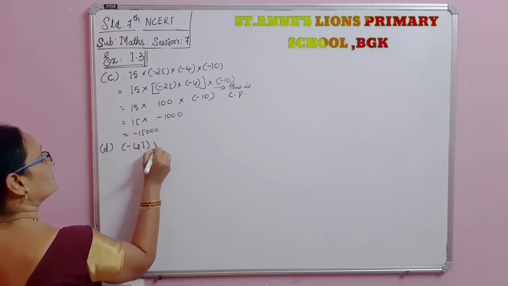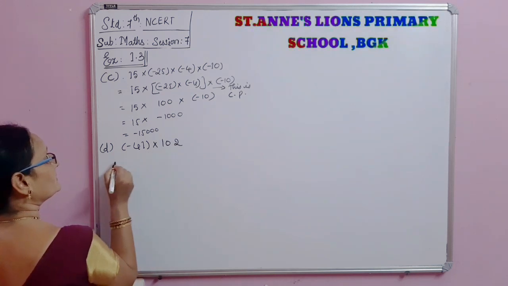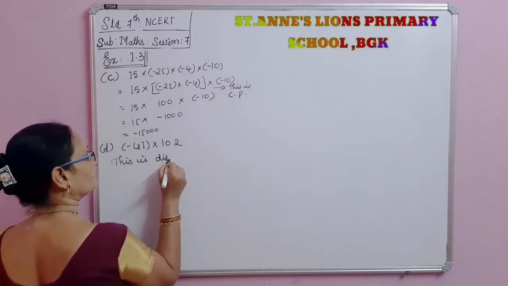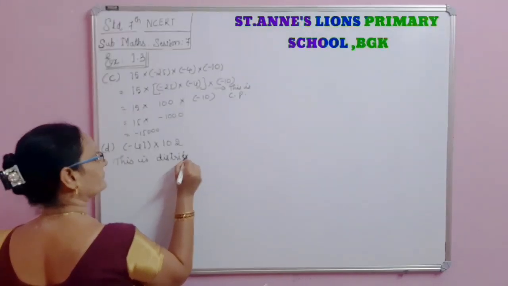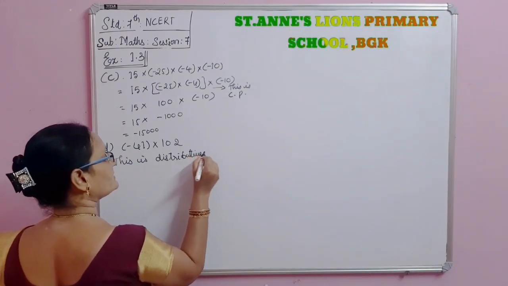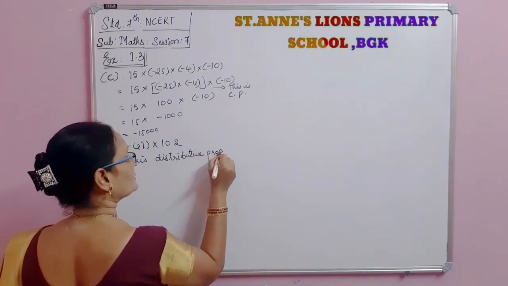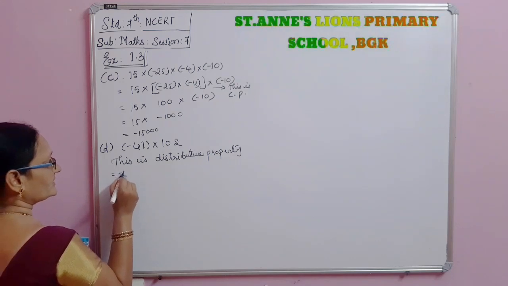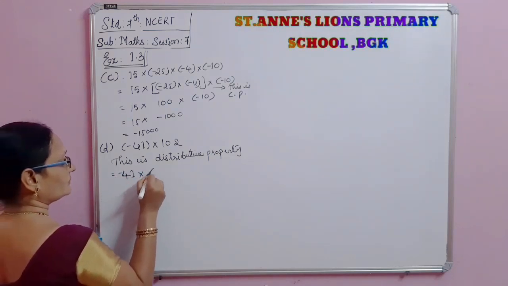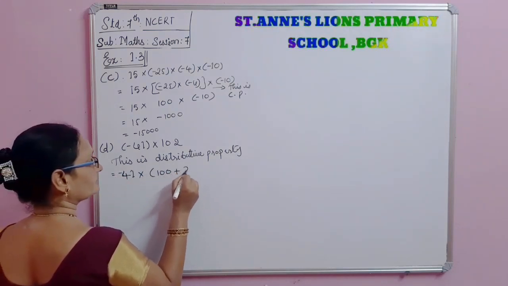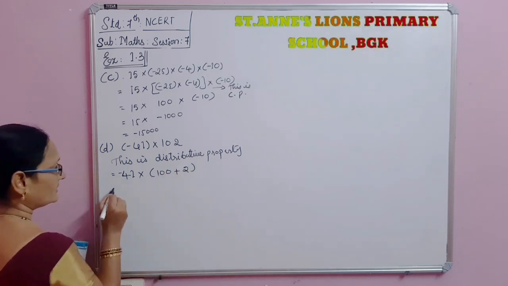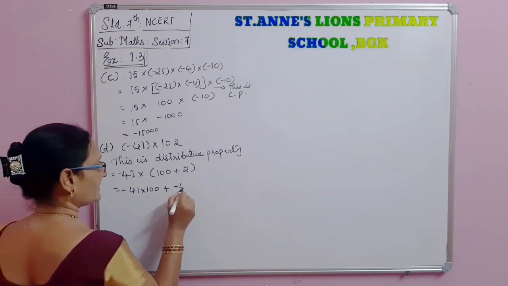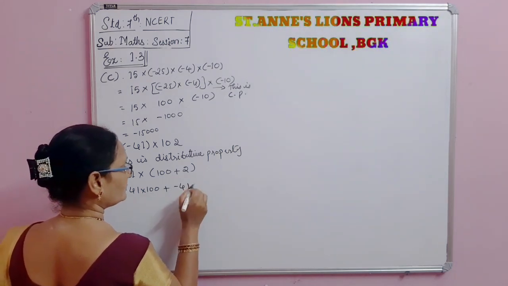Next, D, minus 41 into 102. Minus 41 into 102. This is distributive. How to write this one into distributive property? I will show you. Minus 41 into 100 plus 2. Okay. This is minus 41 into 100 plus minus 41 into 2.